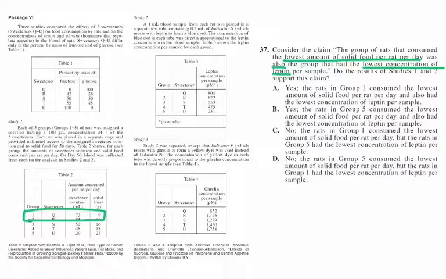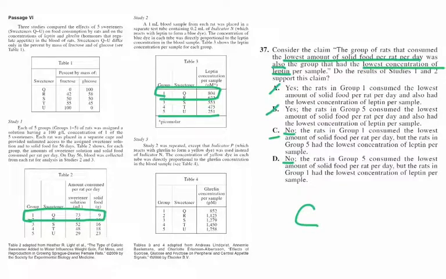Then we go over to study 2, and that same one is 804, which is not the lowest amount. The lowest amount is actually 5. So do the results support this claim? No, they do not. So we can eliminate A and B, and now we're just going to say which one is correct. The rats in group 1 consumed the lowest amount of solid food per day. That is true. But the rats in group 5 had the lowest concentration of leptin. That is true. So our answer has to be C.